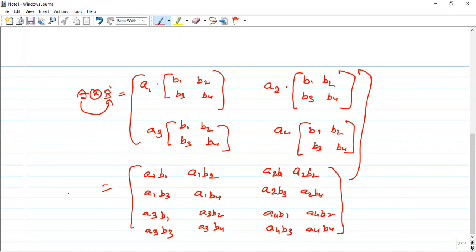Okay, this is A Kronecker product B. Like that you have to calculate the Kronecker product according to the given size of the matrix.